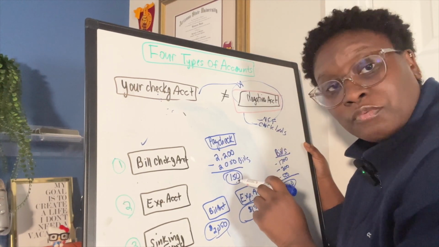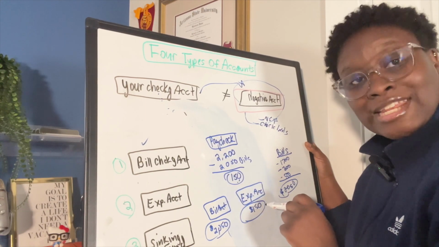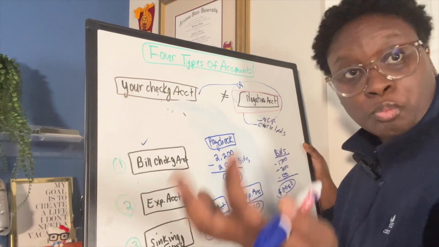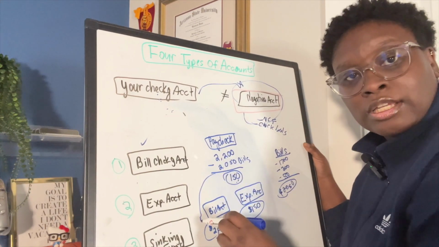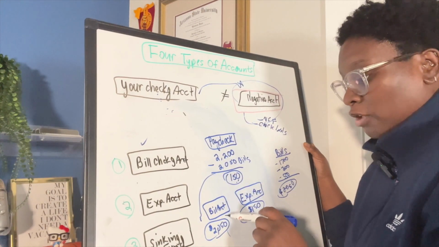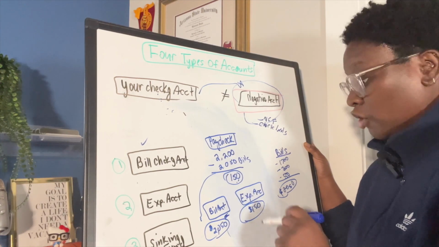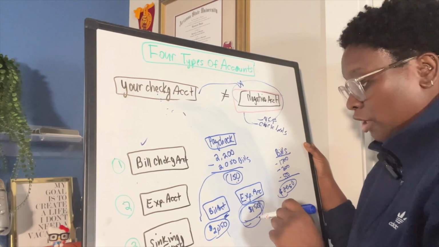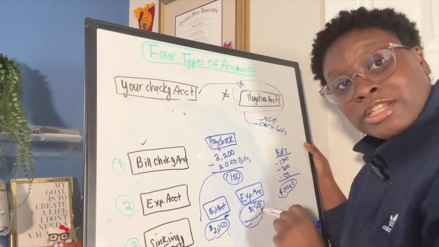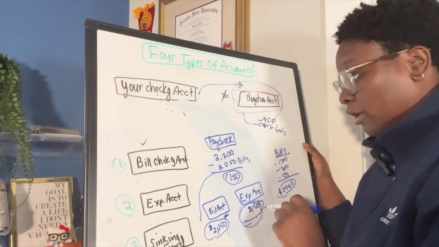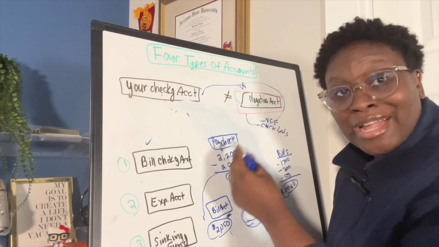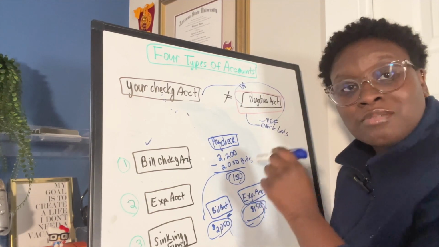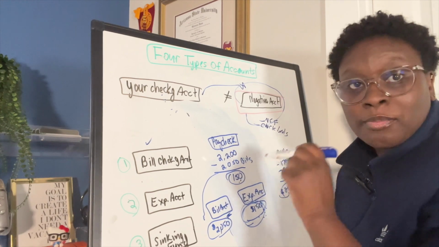You would take that $150 and put it in an expense checking account, which is your primary checking account. Then you would take the $2,050 and put it in a bills checking account. So the $150 is what you have to manage until your next paycheck, for groceries or gas. Now, this is just an illustrative example. Your income could be higher or lower, but the system still works with any type of income.